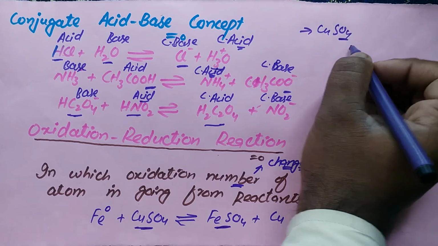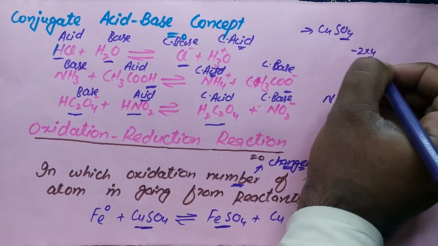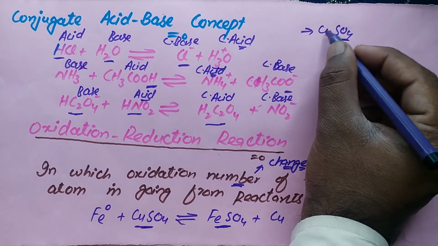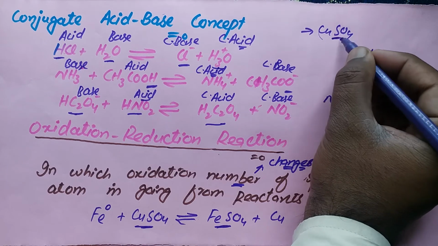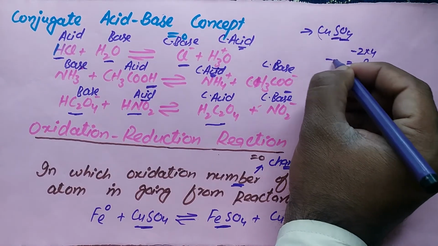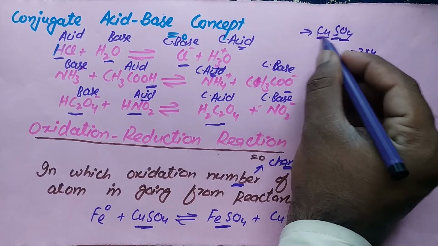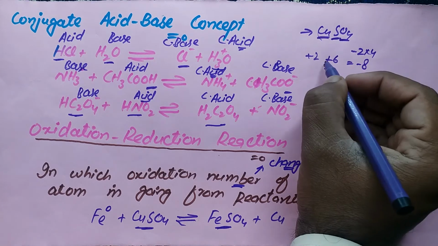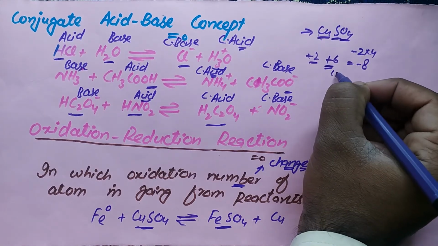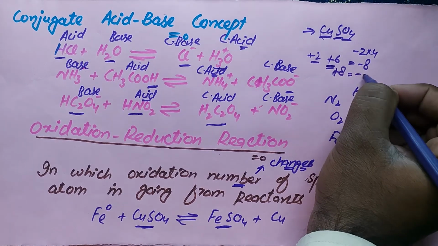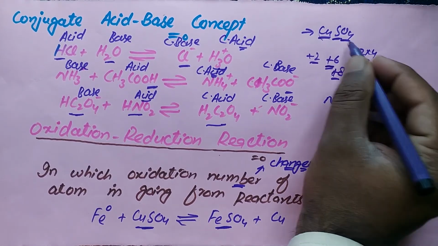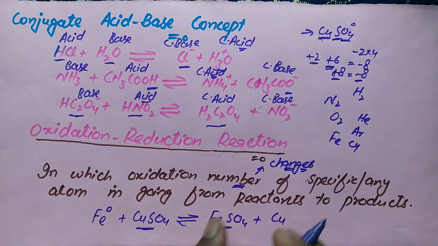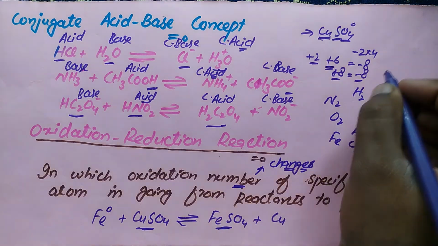So there are 4 atoms, then -2 times 4, oxygen has -8 charge, and sulfur has positive 6 charge, then Cu has positive 2 to balance all the charges. Positive 2 and positive 6 become positive 8, and with -8 they cancel each other, so the molecule has 0 charge.